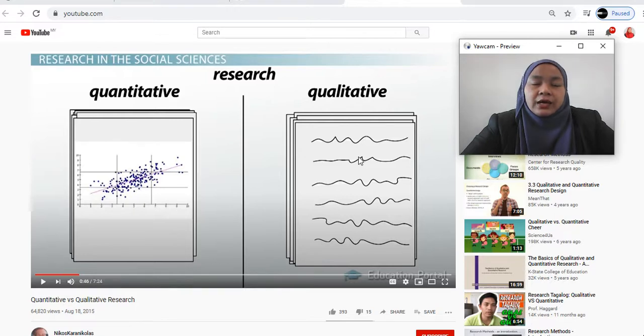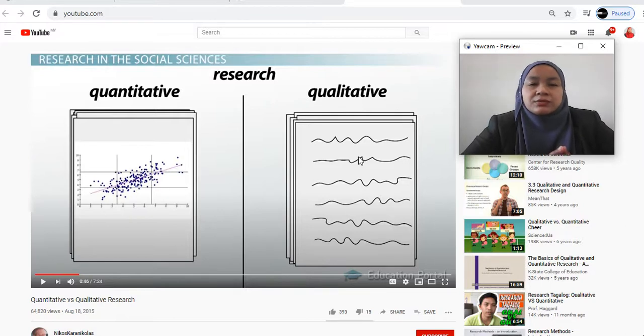Okay, so as you're aware just now, the difference between quantitative and qualitative, other than the type of data, is in terms of instrument. Quantitative research normally has instruments such as a questionnaire, and for qualitative, most of the time if it involves an interview, you yourself as a researcher are the instrument.